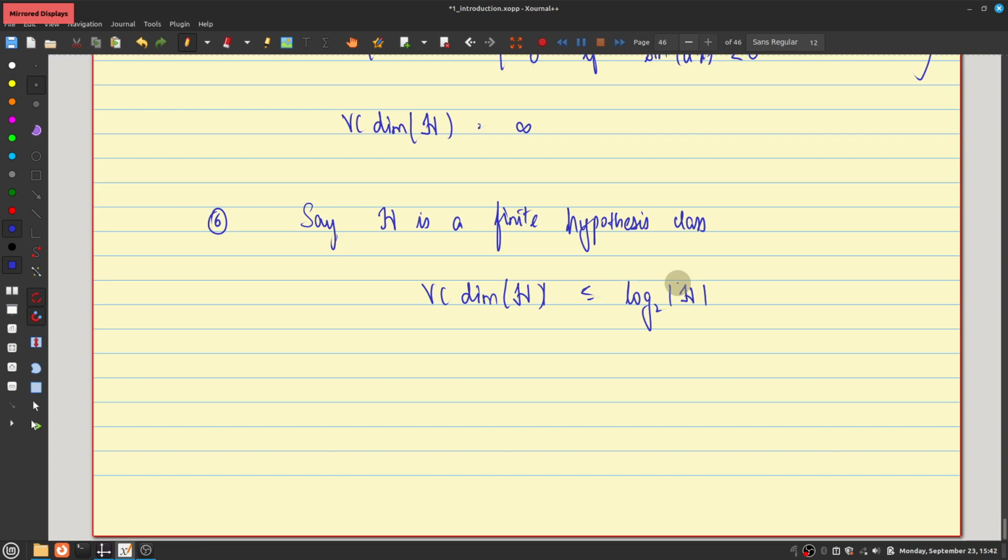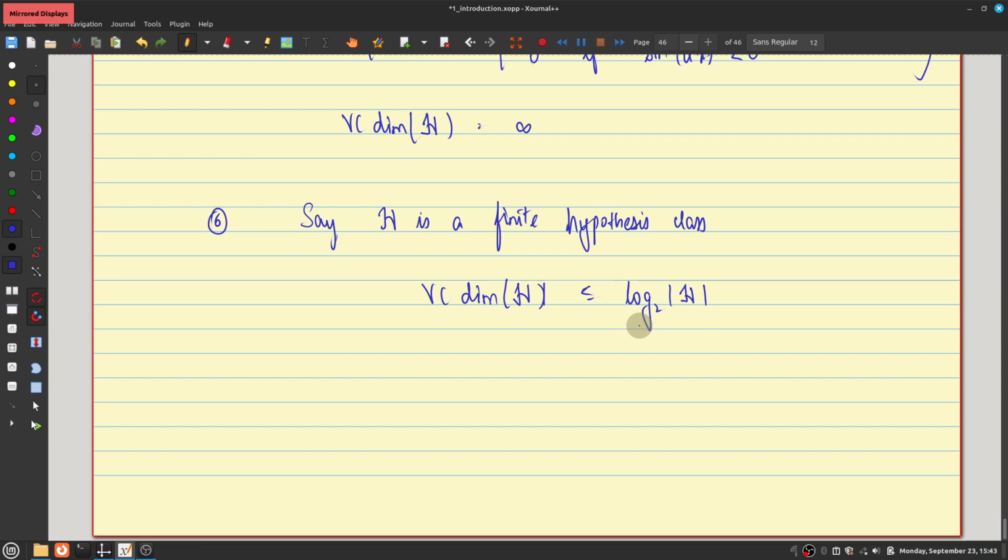then how can the hypothesis class be finite? Right now, I'm not saying that X is infinite. I'm only looking at the restriction of H onto this particular X. I'm not even saying that the VC dimension is equal to log of the size of H. All I'm saying is that the VC dimension is at most log of the size of H. It's an upper bound irrespective of what X is.